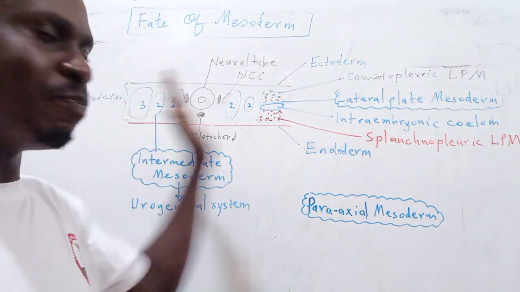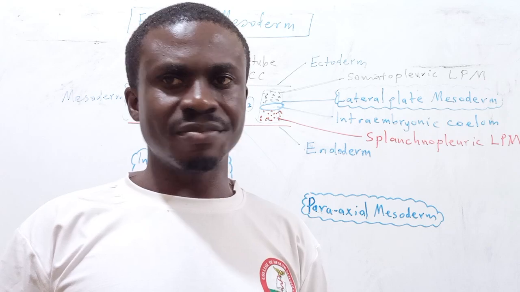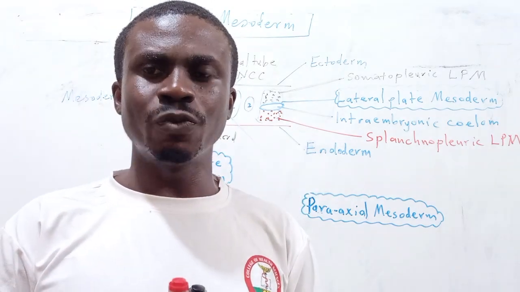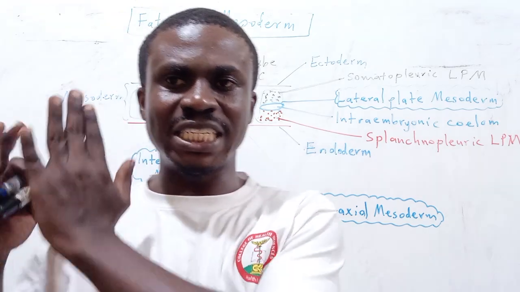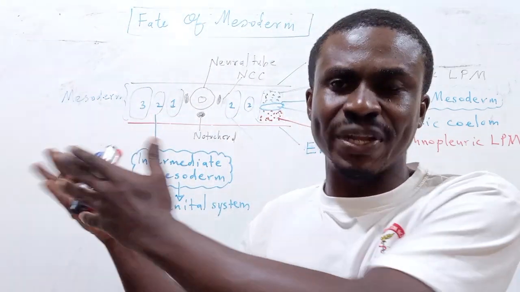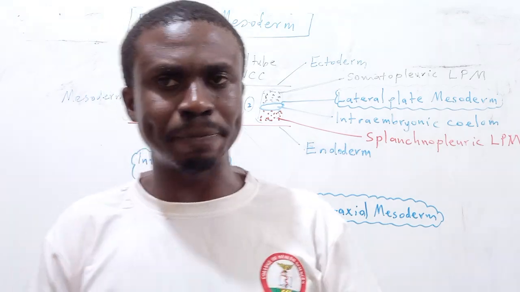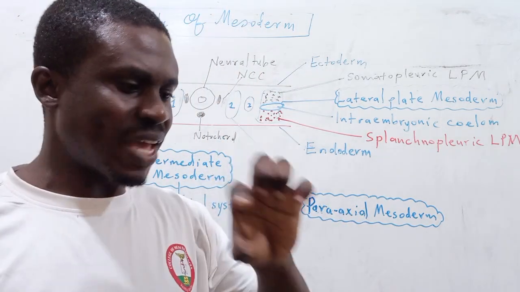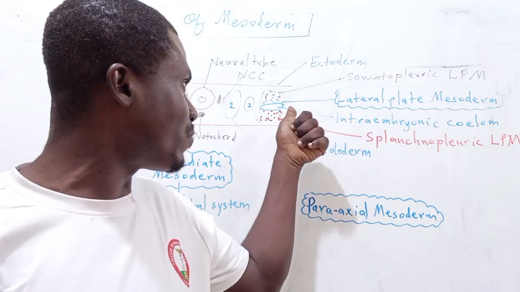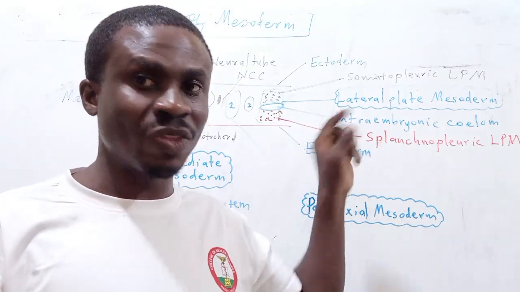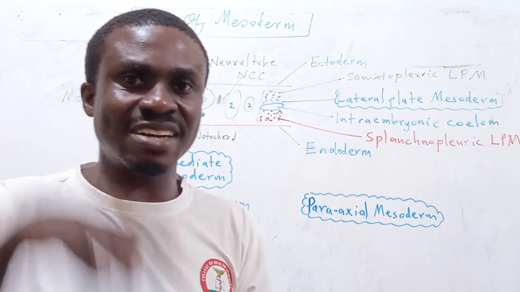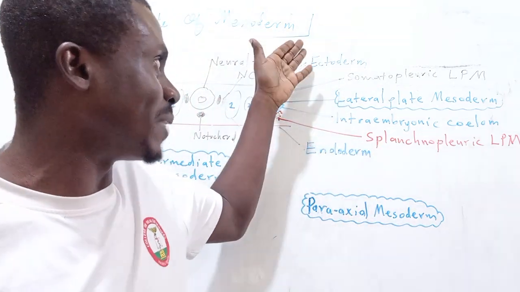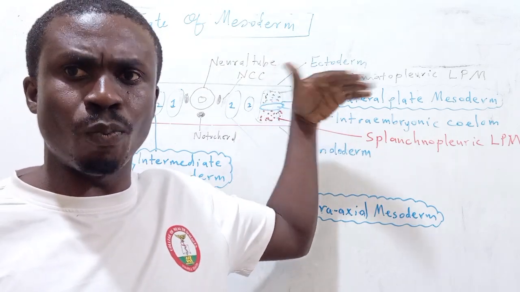So now let's look at what we've seen. We've seen that this mesoderm will differentiate, giving us on either side, using the neural tube as the axis, paraxial mesoderm, intermediate mesoderm, and lateral plate mesoderm. And even this lateral plate mesoderm, with the presence of a cavity, a coelom formed within it, which we are calling, this time not extra-embryonic, intra-embryonic coelom, we are able to get the one which is related to the ectoderm, the body wall.